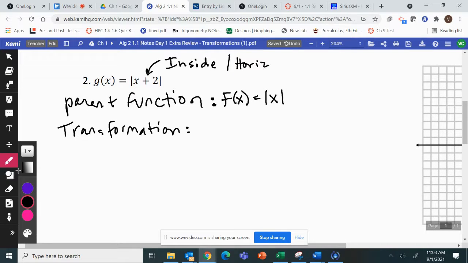So my choices are left or right. But I remember something else about horizontal. It's the opposite of common sense. So Adam, which way is this going to translate? Left 2 units, right? Okay.